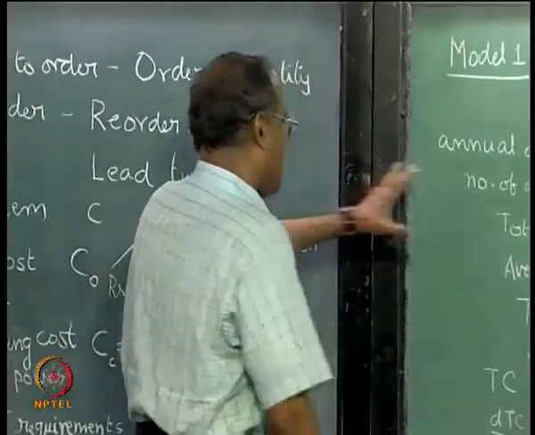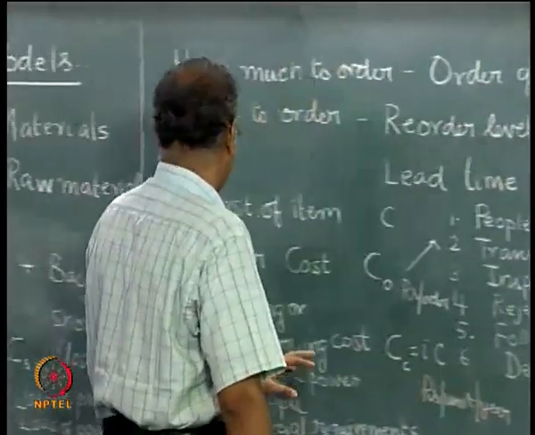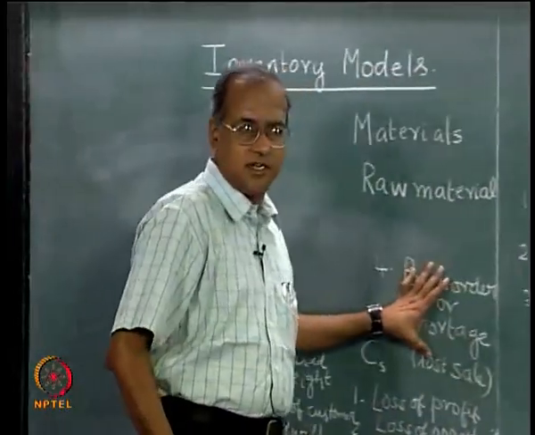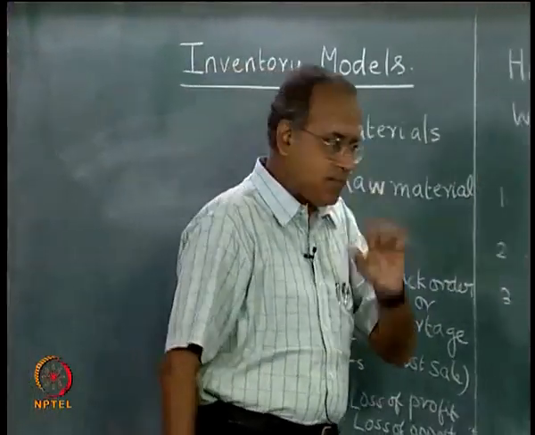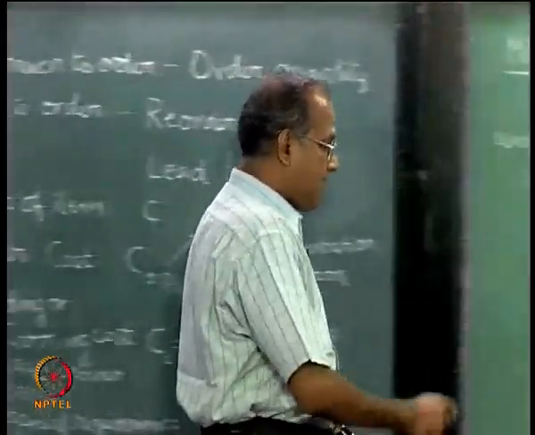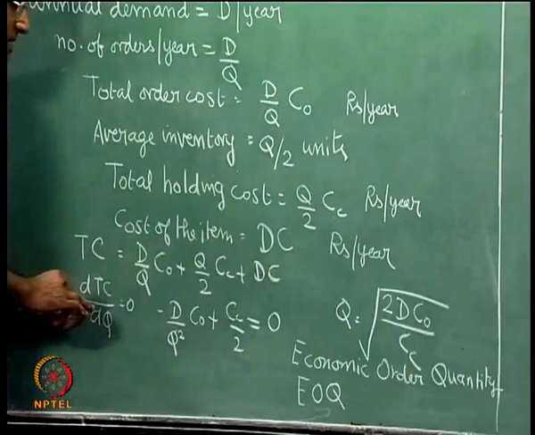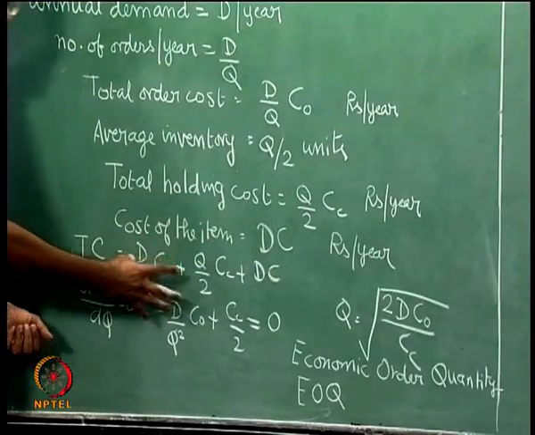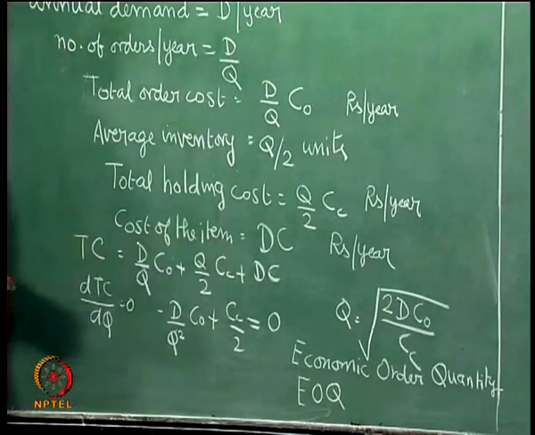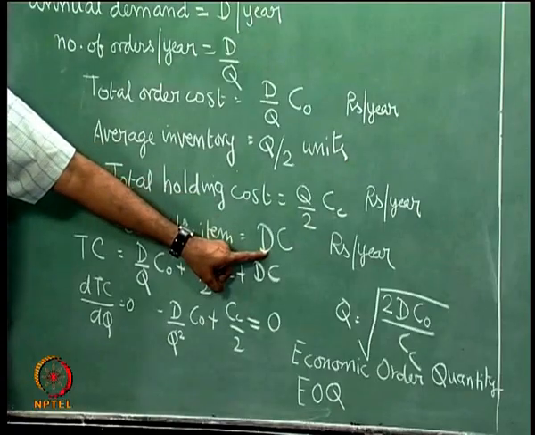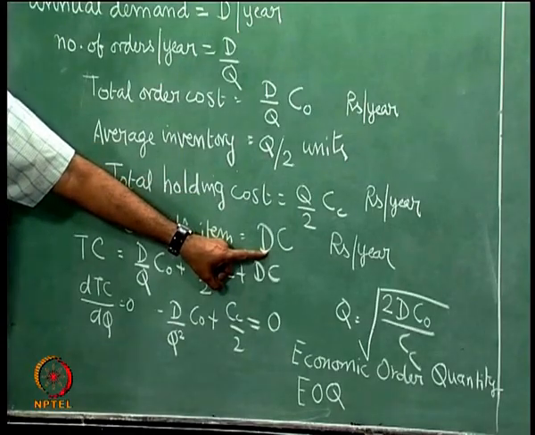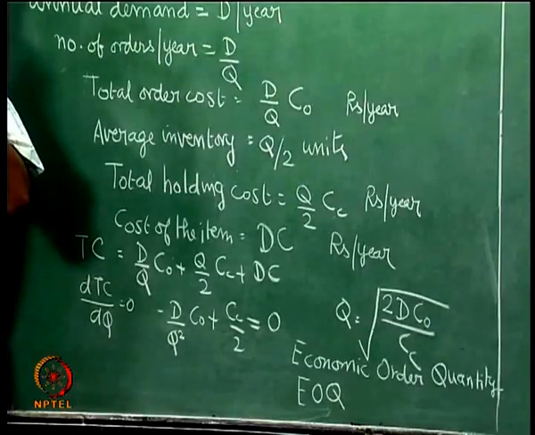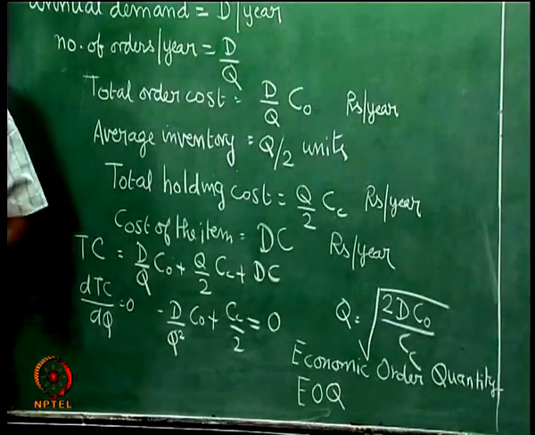So out of the 4 costs, as I said, we did not consider the back order or shortage cost. We also observe that of the 3 remaining costs, this is the order cost component, this is the inventory holding cost component, and this is the item cost component. We now realize that the item cost actually does not play a part in the economic order quantity.